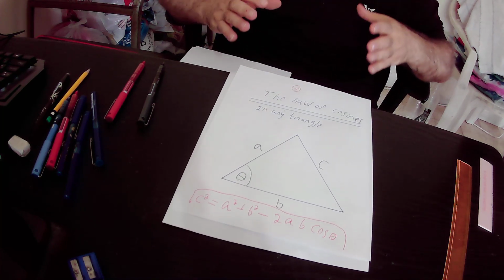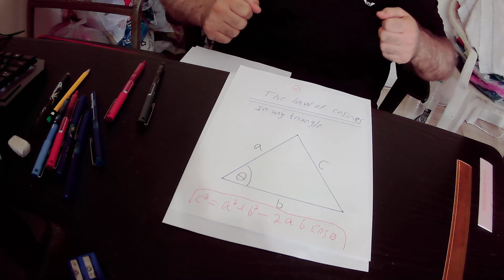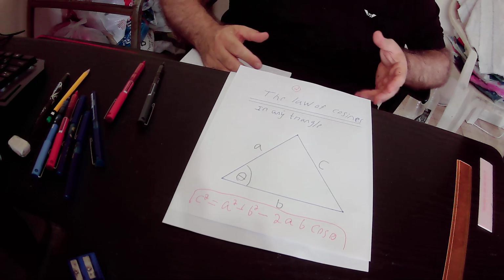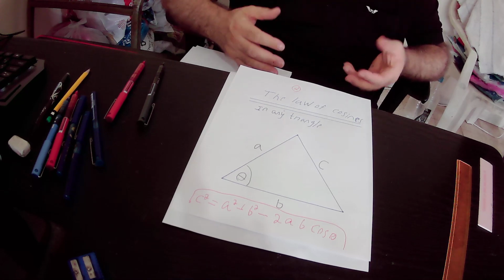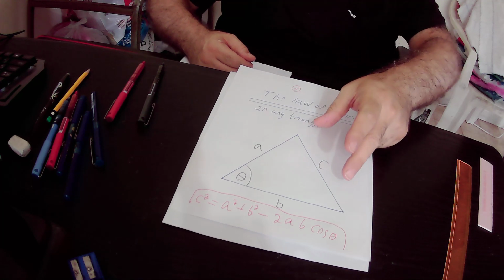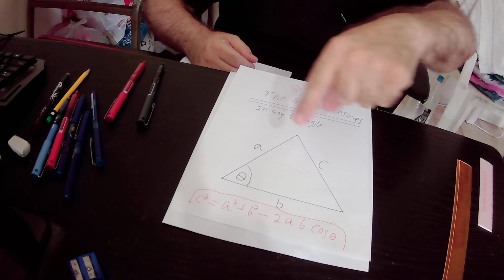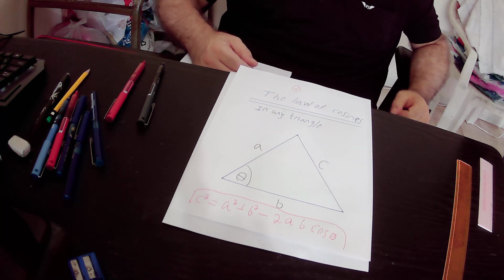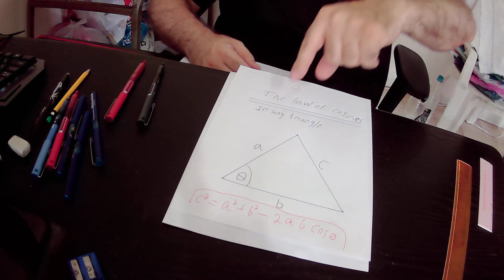Before I explain it, I will emphasize that the law of cosines is true for any triangle. The law of cosines states that c squared equals a squared plus b squared minus 2 times a times b times cosine theta.